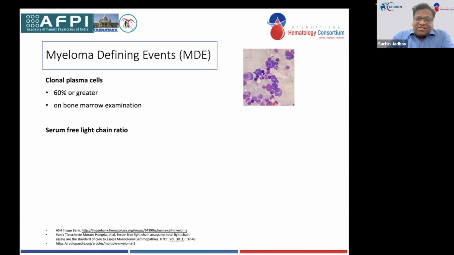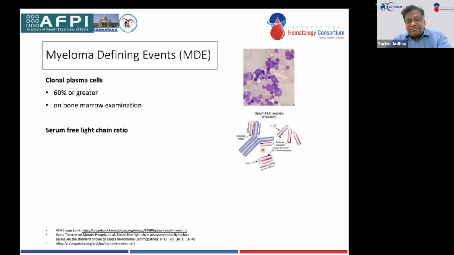Then these plasma cells, I told you they secrete immunoglobulin, correct? And this is how an immunoglobulin chain looks. It has one and two heavy chains, and one and two light chains.